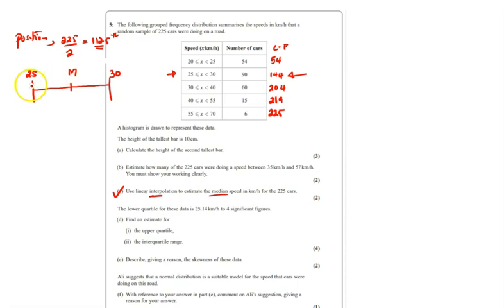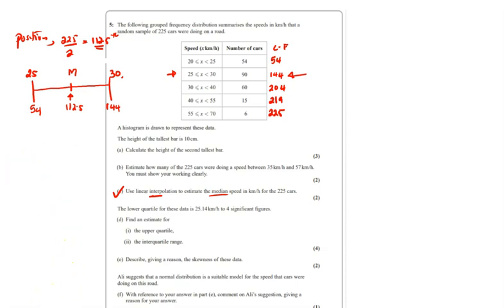But at 25, the cars that are speeding at 25 or less than 25, they are 54 cars. And by the time you add up all the cars speeding less than 30, that's the total over here, 145. And then over here in the middle, we are looking for the position of the car that is 112.5. That's how I set up my linear interpolation.